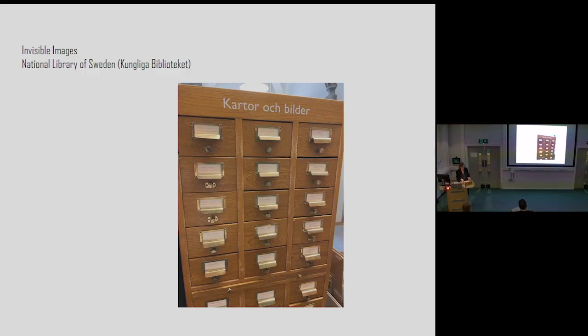They have millions of pictures. This is a good example of an institution that doesn't have any numbers because a large part of their picture collection is not catalogued. But they estimate that they have millions, several millions.